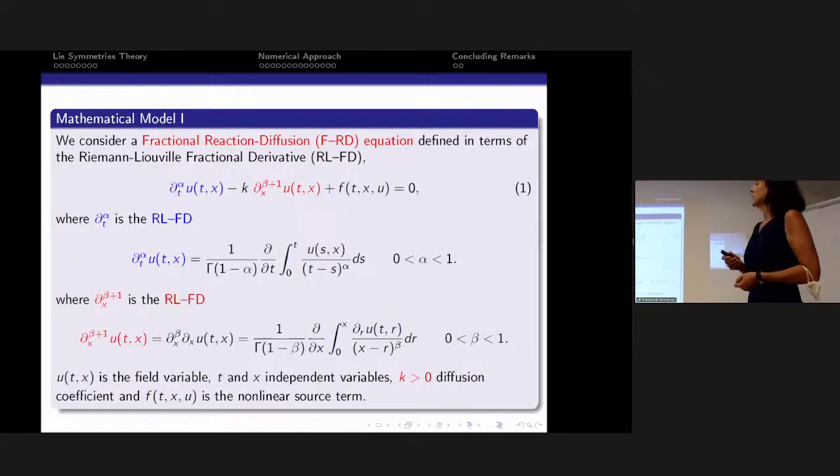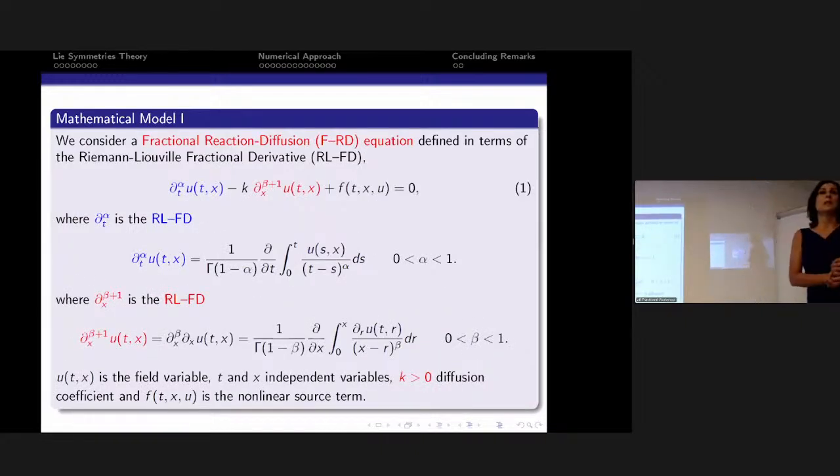Okay, here we show you some examples of mathematical models that we consider in our study. We start from equation number 1. This is an example of fractional reaction diffusion equations defined in terms of Riemann-Liouville derivatives.